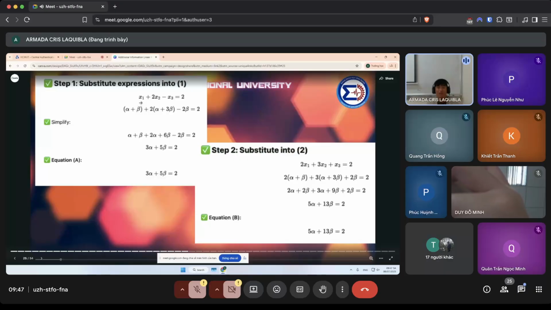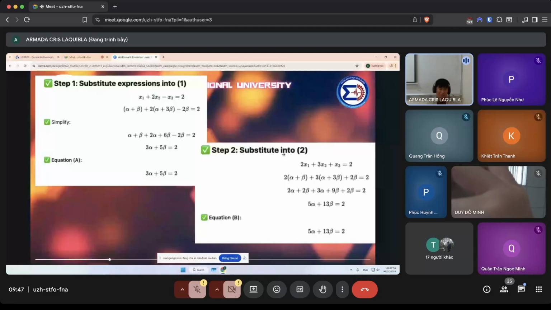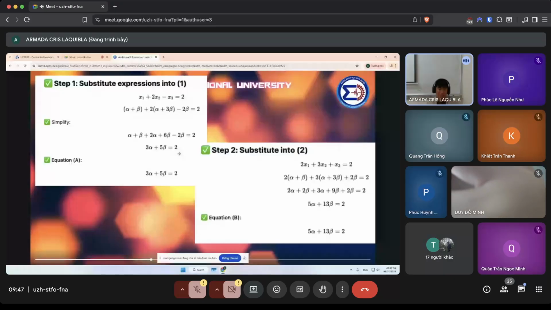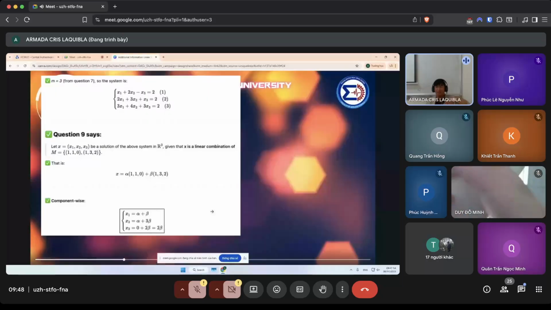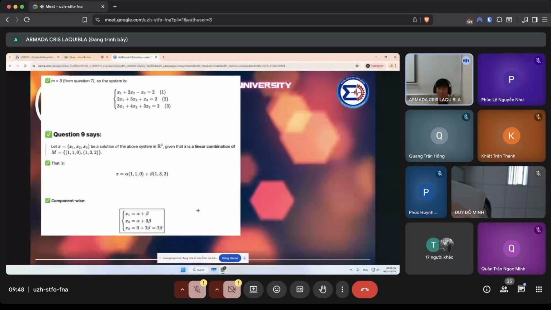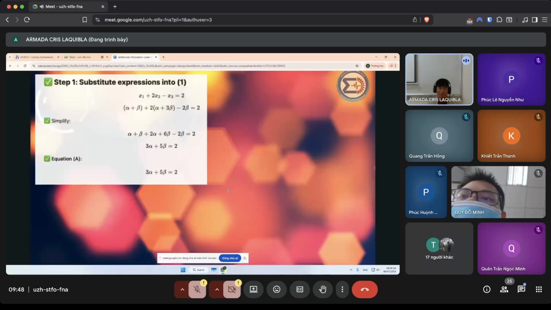We only use equation 1 and equation 2 there because when you substitute this, x1 is alpha plus beta, x2 is alpha plus 3 beta, and x3 is equal to 2 beta there. What will happen is the equation becomes an equation with two variables now, the alpha and beta. And you only need two equations in two unknowns so that you can solve the alpha and beta. That is why we only need two equations. So we substitute it here in 1 and we substitute in 2.